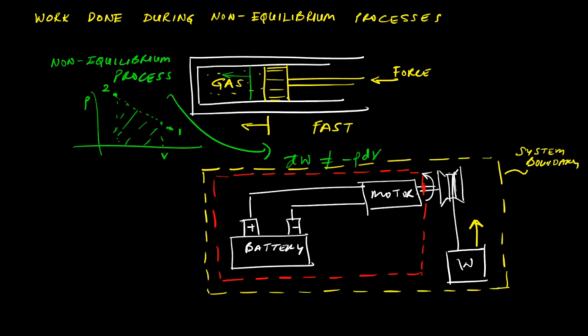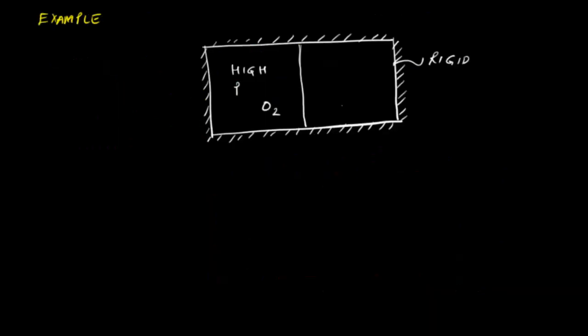And you can see that for the system boundary shown in yellow, there is no work crossing the system boundary. Therefore, we say that the system enclosed in this yellow boundary does not do work, or there is no work done on the system. Later on, we'll see that in this case the raising of the weight can be identified as a change in potential energy. But this is not work, because work must cross the system boundary.